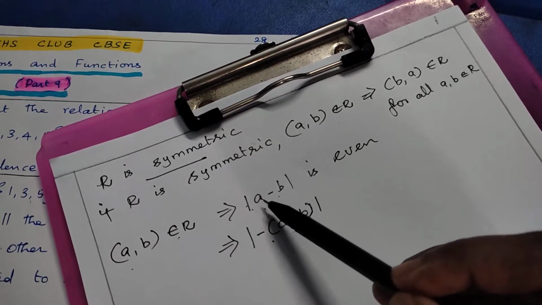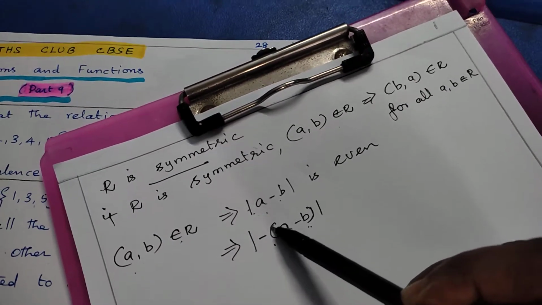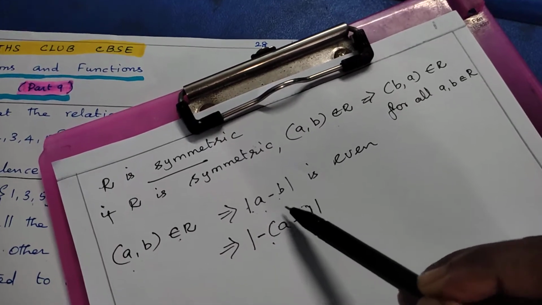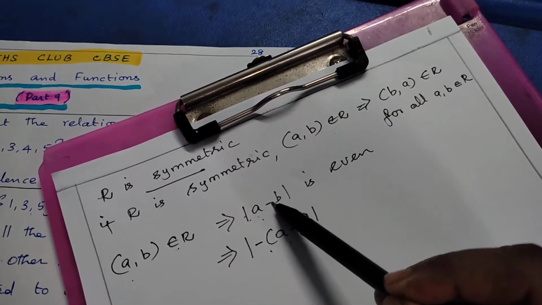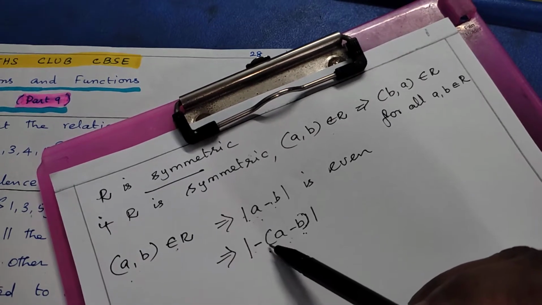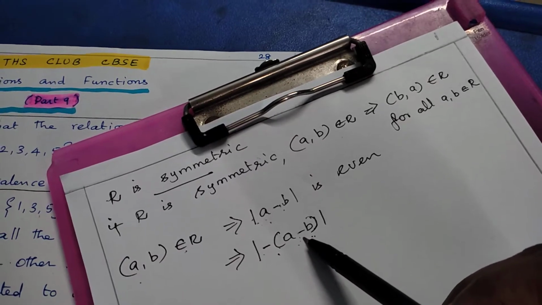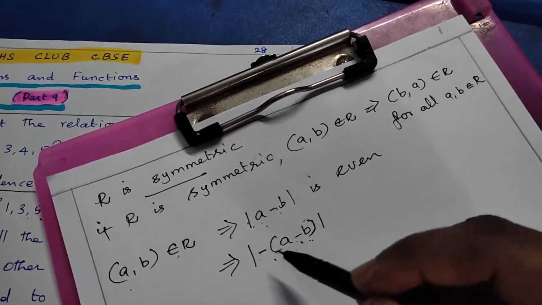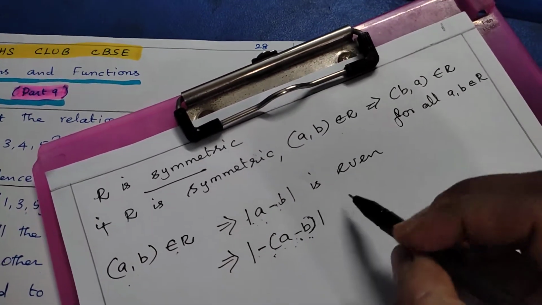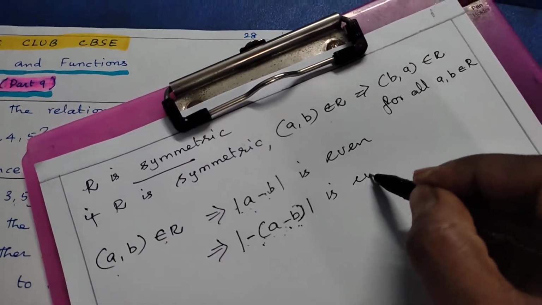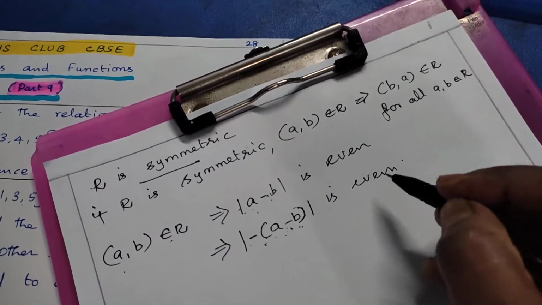Therefore, modulus of A minus B equals modulus of minus of A minus B. These two values are the same. Therefore, modulus of minus of A minus B is an even number.